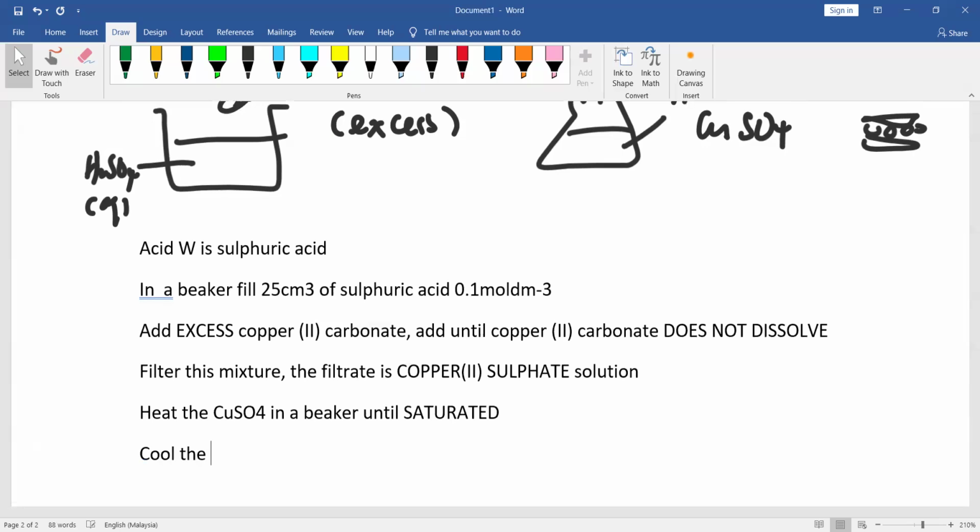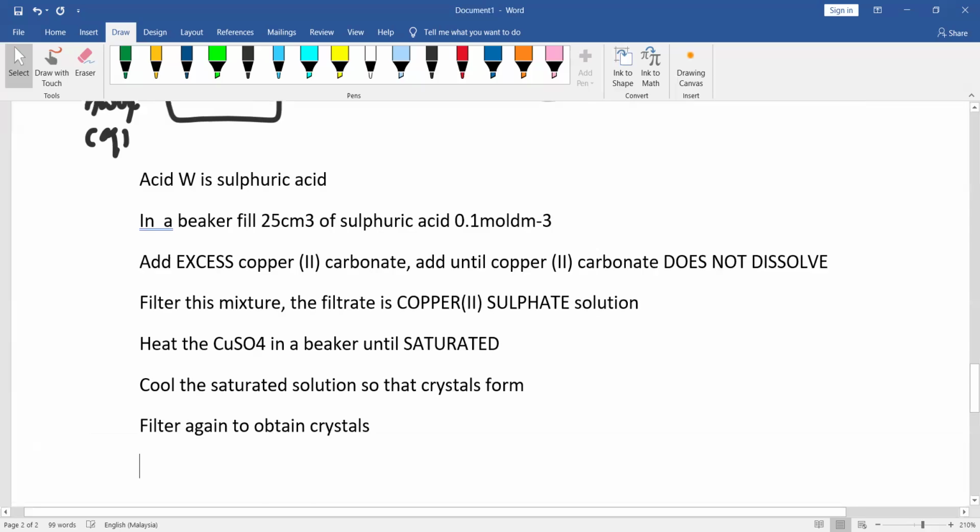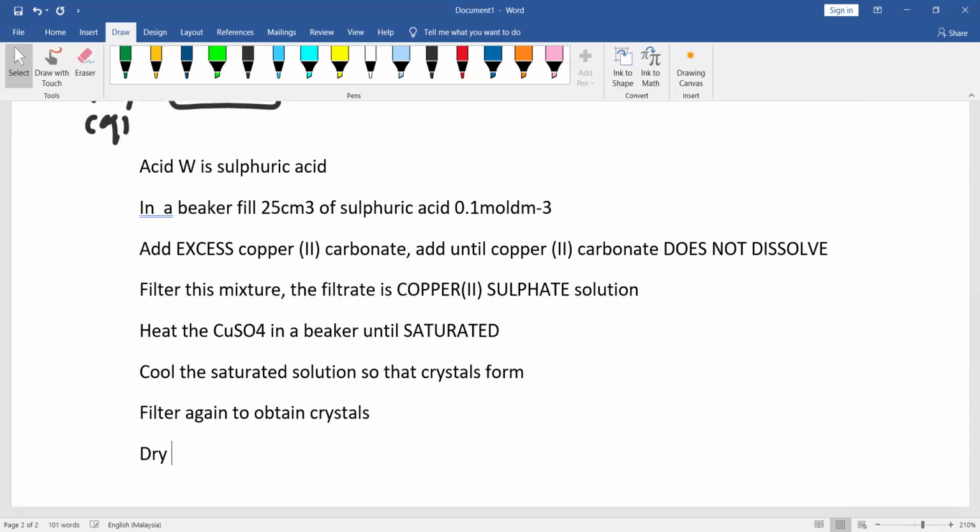Cool the saturated solution so that crystals form. Filter again to obtain crystals. Dry crystals between filter paper. You can wash a little bit with distilled water if you want. You get it?